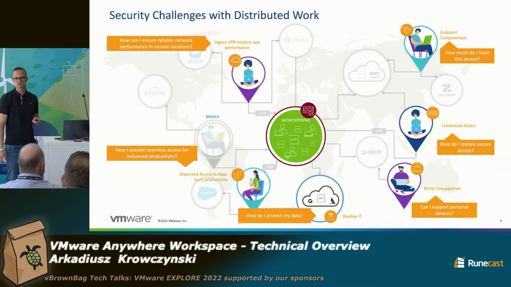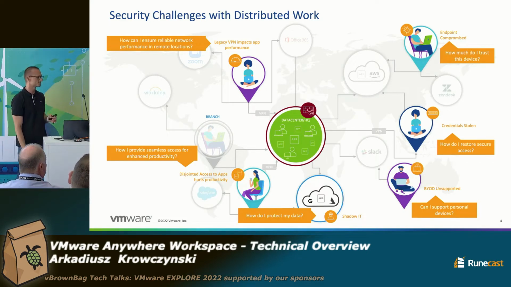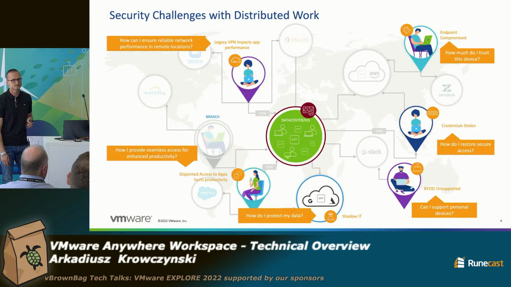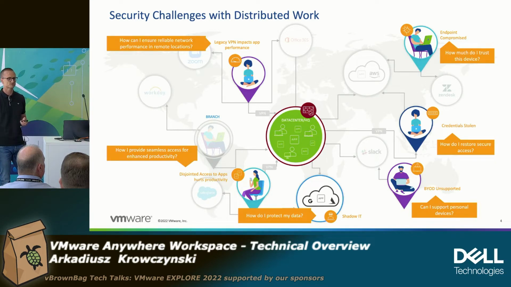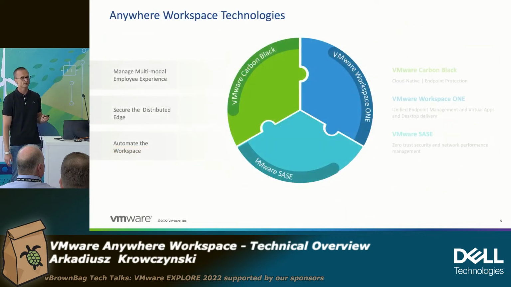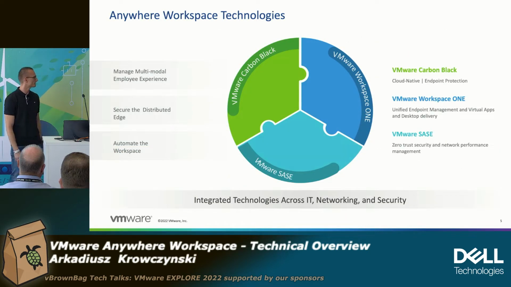So we know all the challenges in the shift to a distributed workforce, especially in the past 2 years when we had the pandemic times. Some challenges: how to secure our devices, how to secure our data, how to get access for our users when it comes to VPNs and cloud applications and so on. And we from VMware, within our Anywhere Workspace technology, I would say provide a complete end-to-end solution.